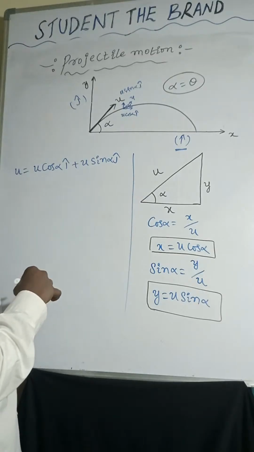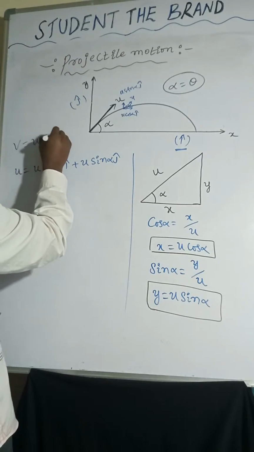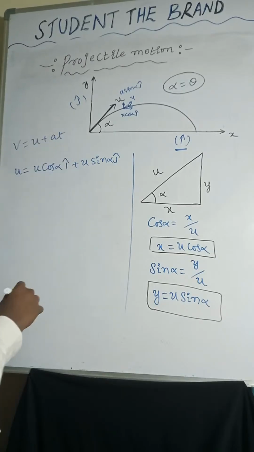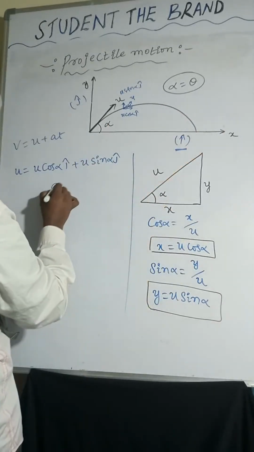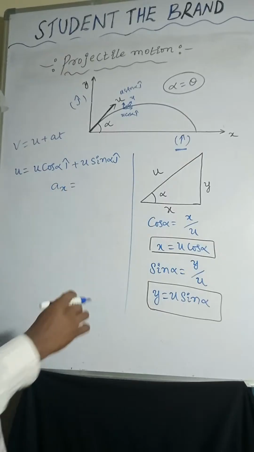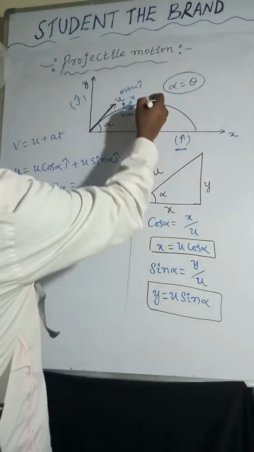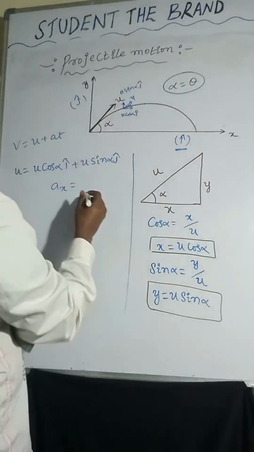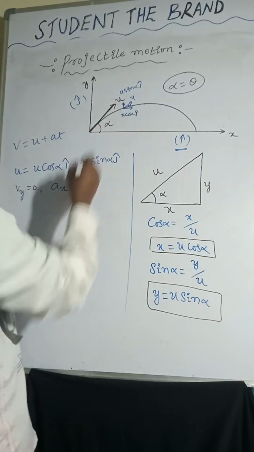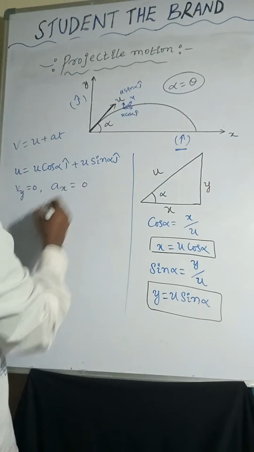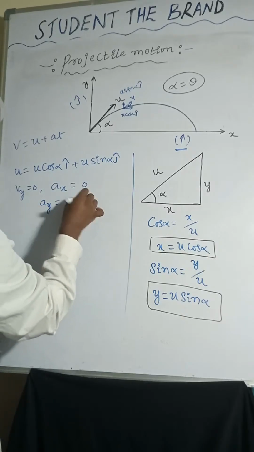Now, we know final velocity v equal to u plus at. Here, along the x-axis, ax if you are taking, the horizontal velocity u cos alpha is the same. At the final point, vy is 0, and ax is also 0, and ay equal to minus g j cap.